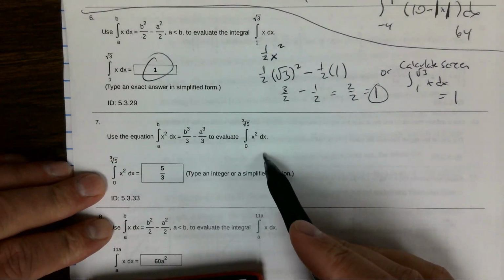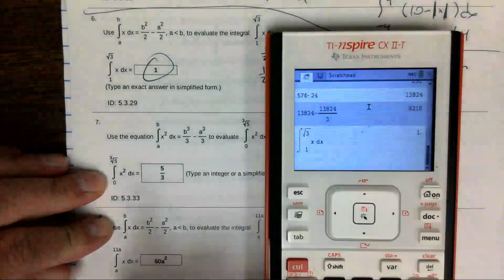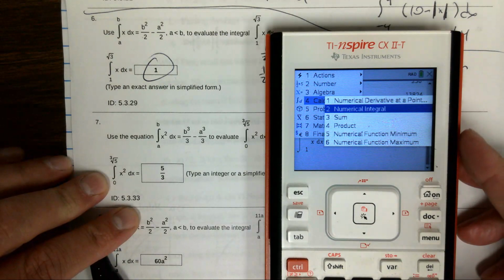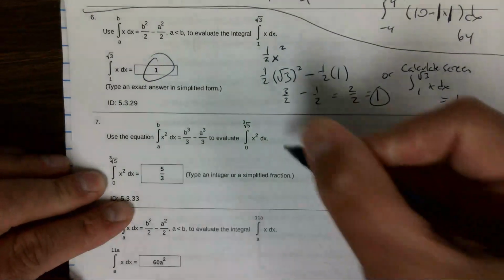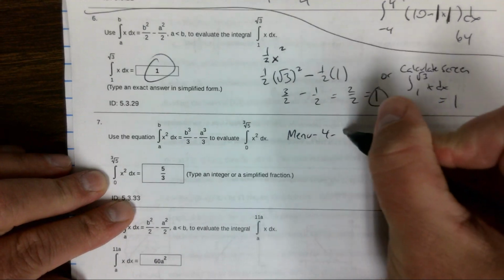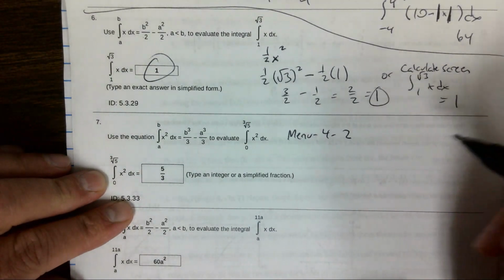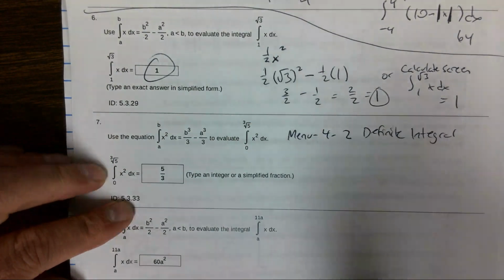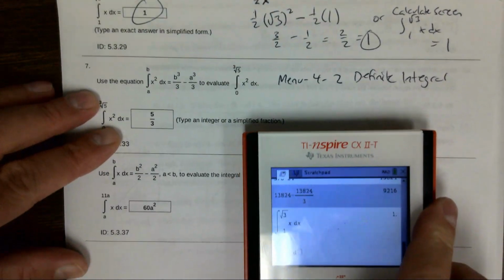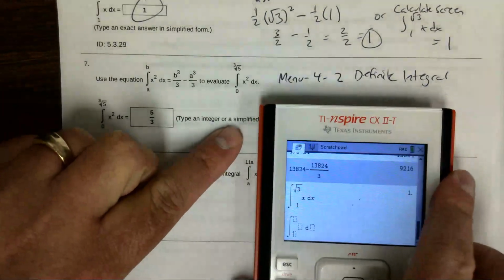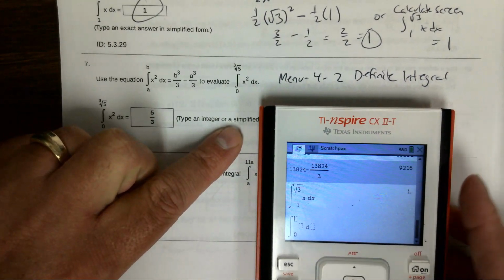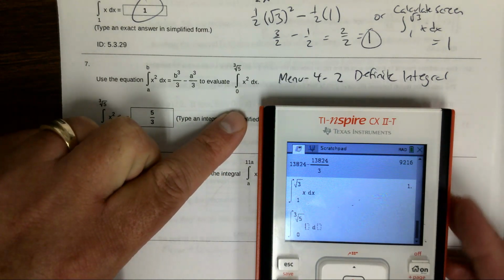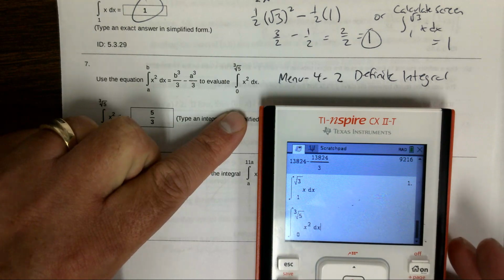Okay, so let's do that again for this one. So we're doing menu 4, menu 4 2 is the definite integral. And you're going from 0 to the cube root of 5 of x squared dx.